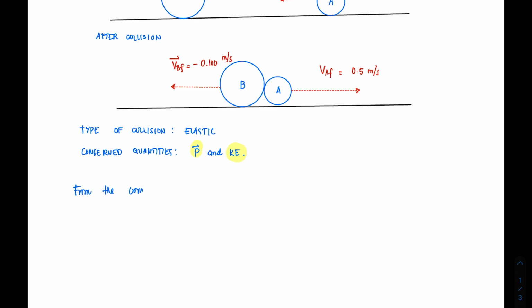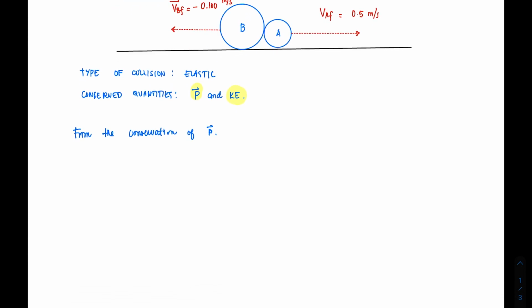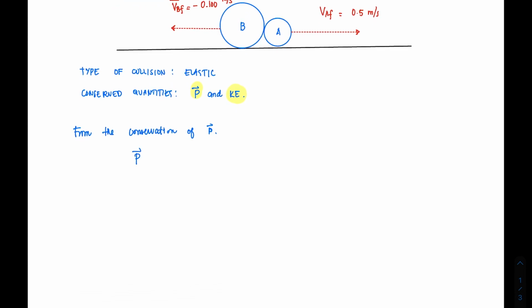From the conservation of momentum, the total momentum before collision must be equal to the total momentum after collision. And that means the momentum of A initial and the momentum of B initial must be equal to the momentum of A final plus the momentum of B final.